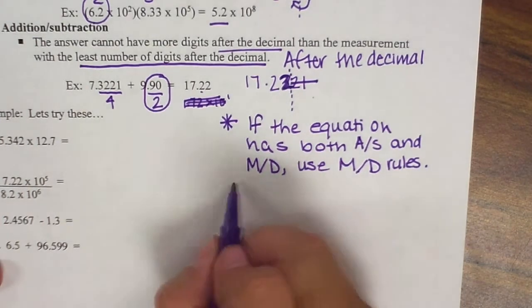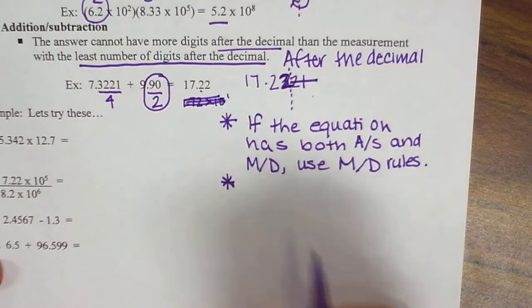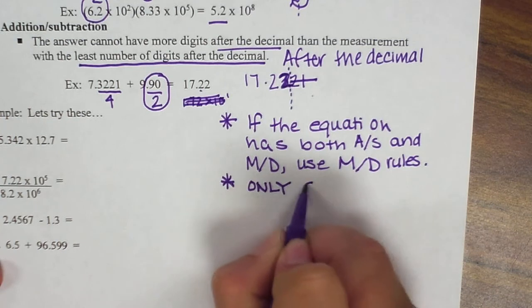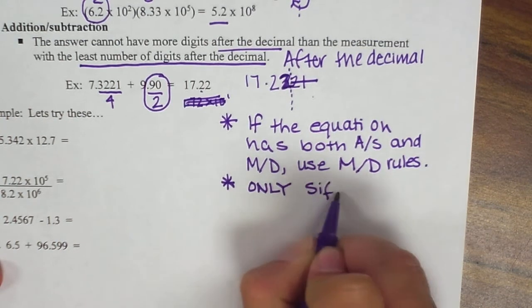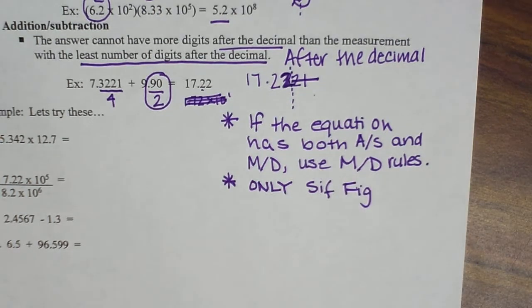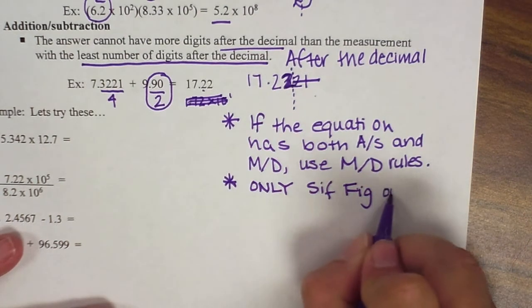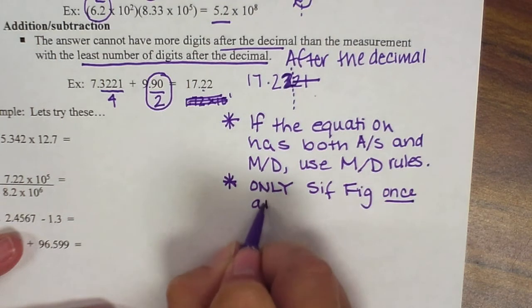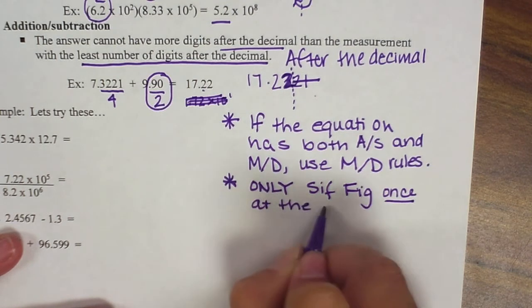The next thing is, Sig Fig is now a verb. It is a noun when it's a Sig Fig, and it's a verb when we're going to Sig Fig, okay? You only Sig Fig once, at the end of the problem.